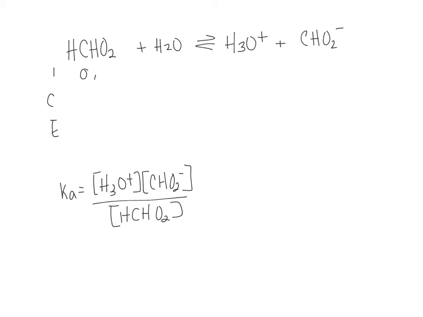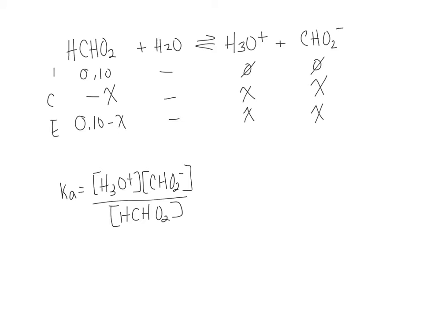Initially, we had 0.1 mole per liter solution, and initially you have 0 products. Now we don't have to include water here because it stays constant. So the change, this will be minus x, this will be plus x, this will be plus x. So at equilibrium 0.1 minus x, x, and x.